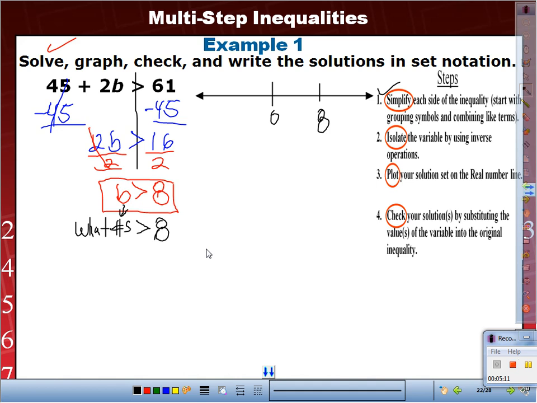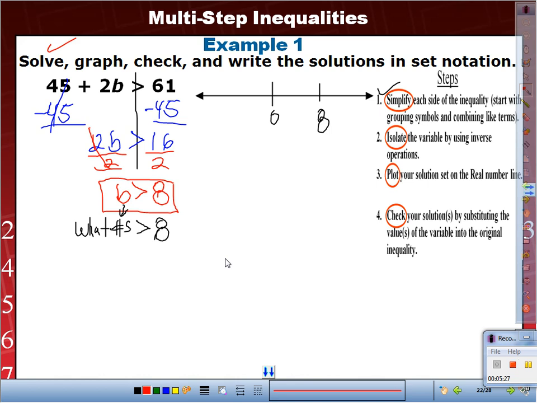Think about it. Turn to your neighbor, let them know what numbers are greater than 8. So, let me ask you this. Is 8.0000001 greater than 8?